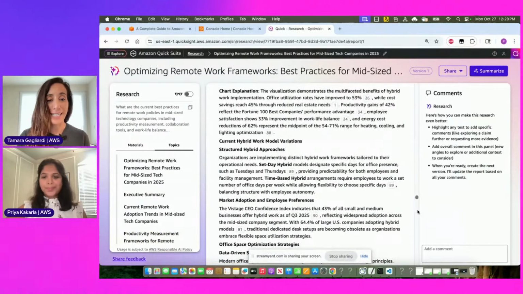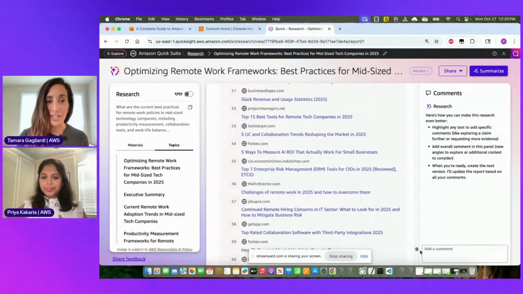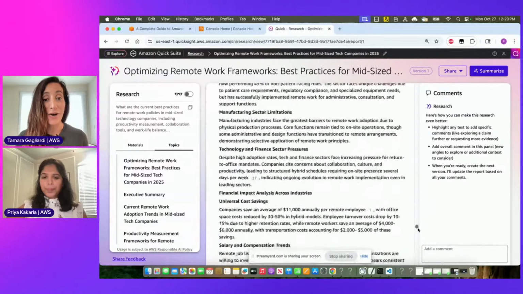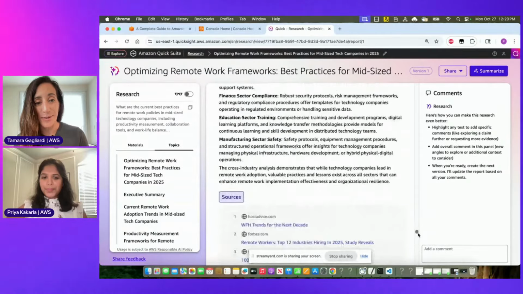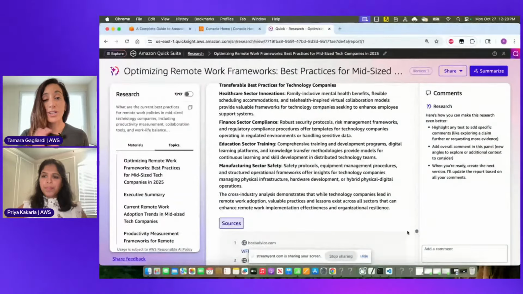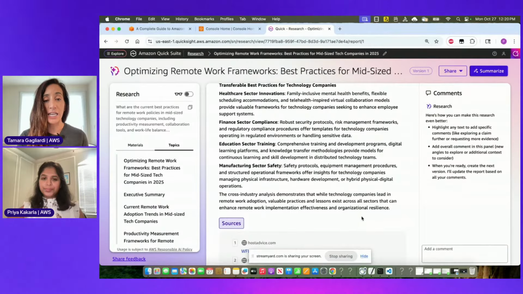I would have to download some of those PDFs and information, read it, and try to understand. If there was context that I didn't know, I would have to jump back into the web browser to understand specific terminology. And now not only is it doing all of those steps, but on top of that, it's adding a summary and context to it.